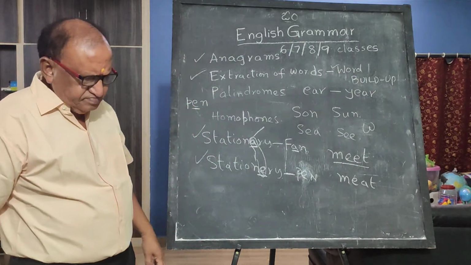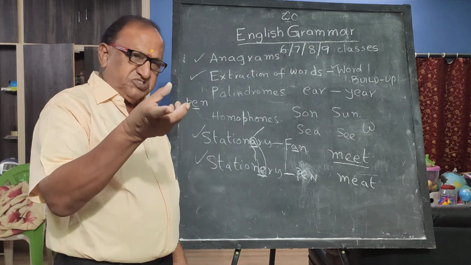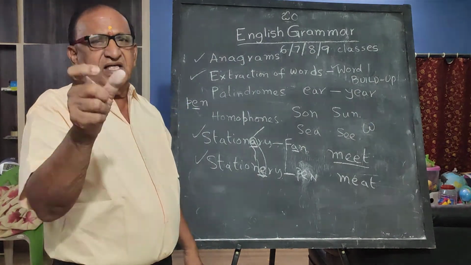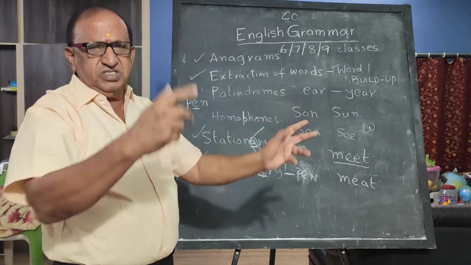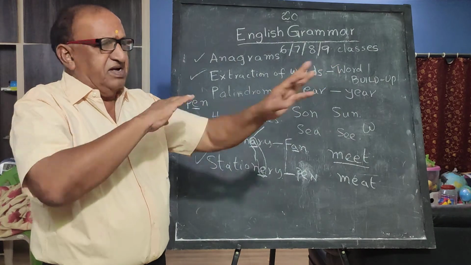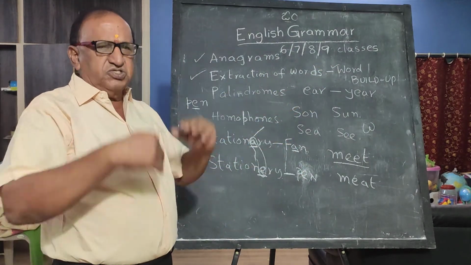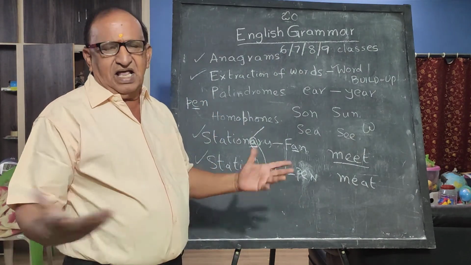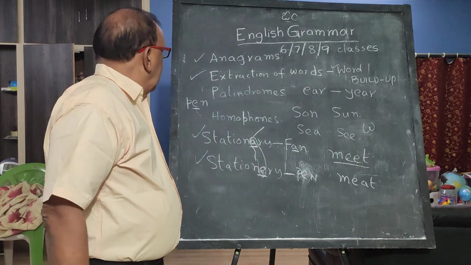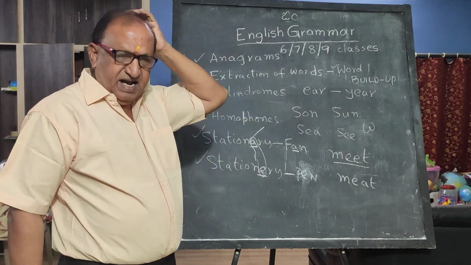Anagrams are the words formed by changing the sequence of the letters. No new letters. You can change the sequence, front, back, middle, or whatever, and get a new, meaningful word. That is the anagram. I gave you the example of act and C-A-T cat.